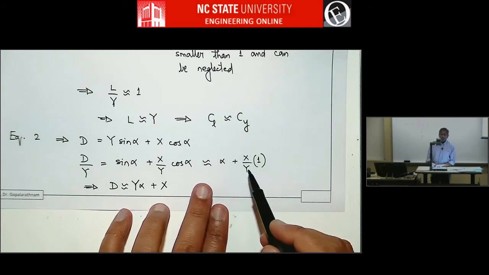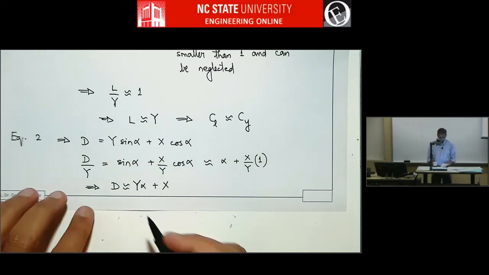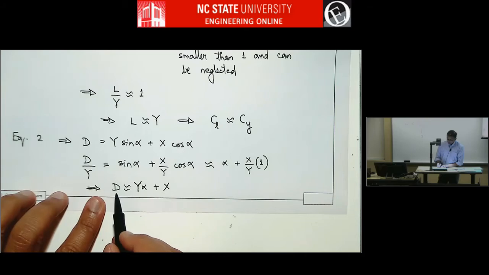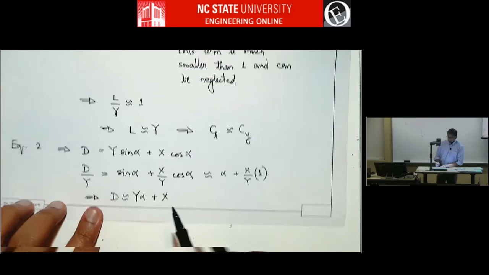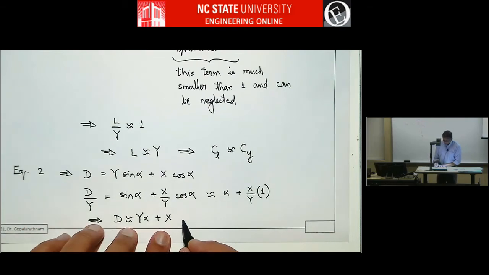These are two small quantities that are added up, and it's not like one is huge and the other is small. So you have to keep everything. And so d is approximately equal to y alpha plus x. So earlier you could say lift is approximately equal to y, but you cannot say that for d and x. You can't say d is approximately equal to x.